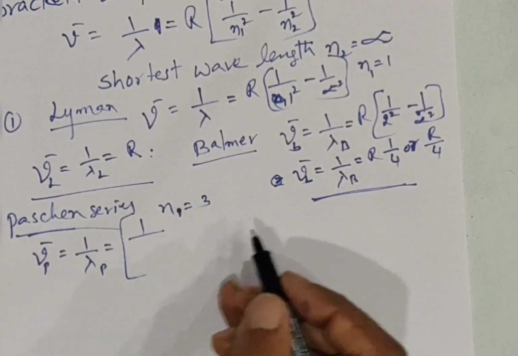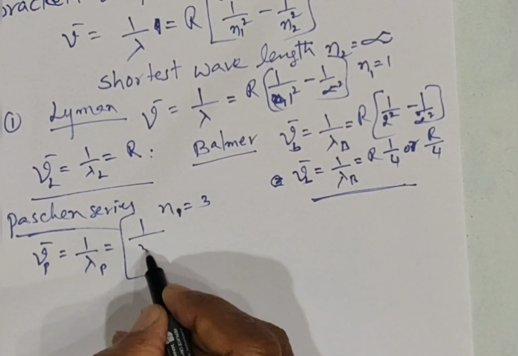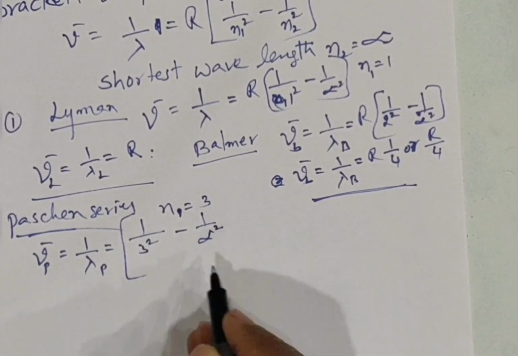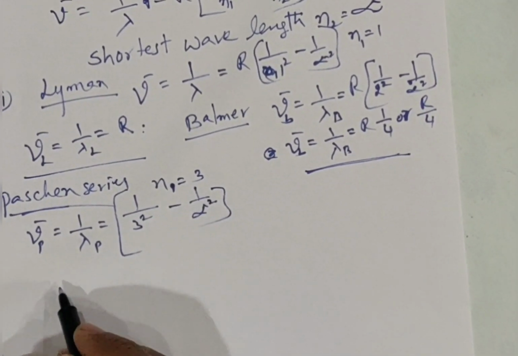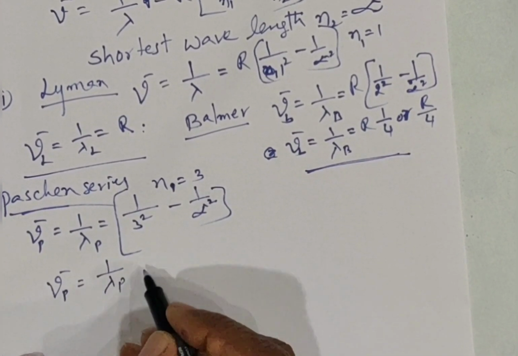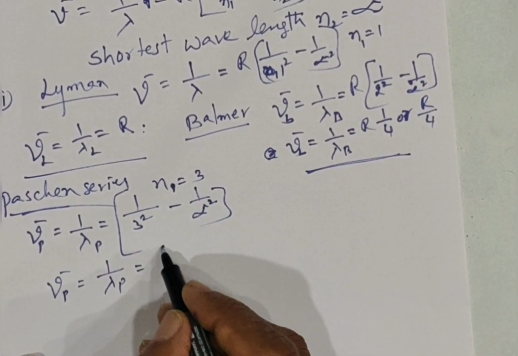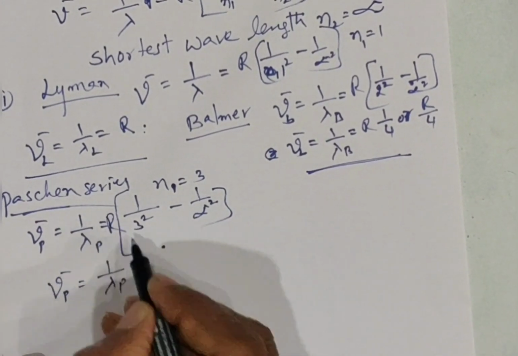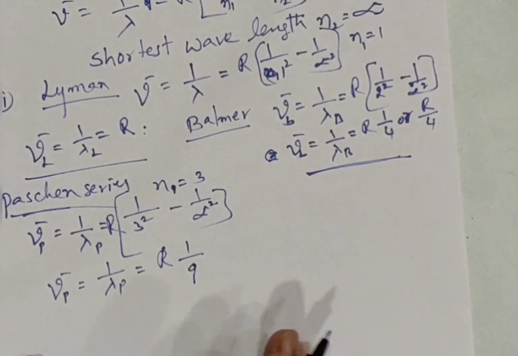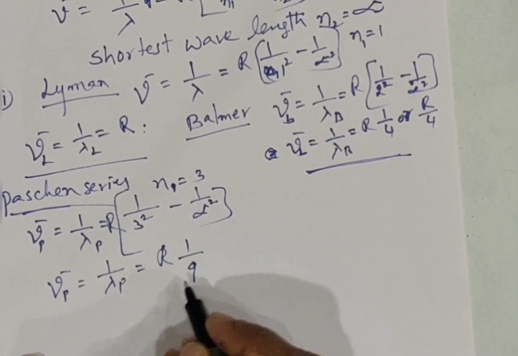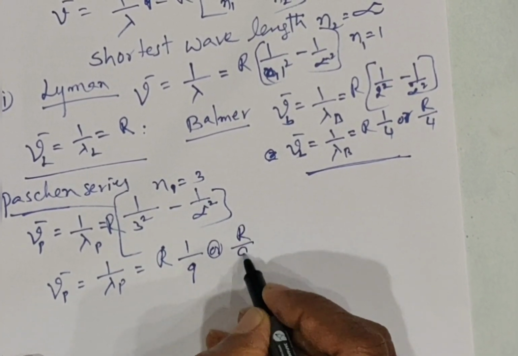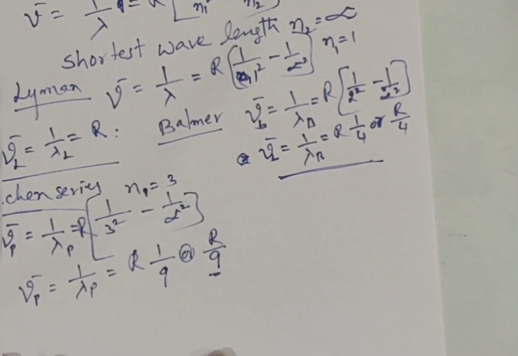So n2 is equal to infinity. Then we will get nu bar Paschen is equal to 1 by lambda Paschen is equal to R into 1 by 9, 3 square means 9. Right? R by 9. This is your Paschen.